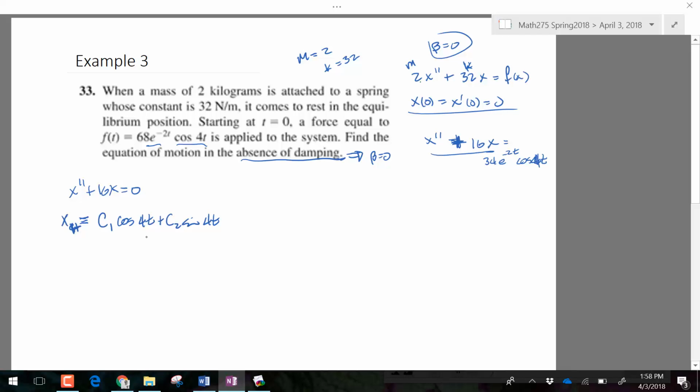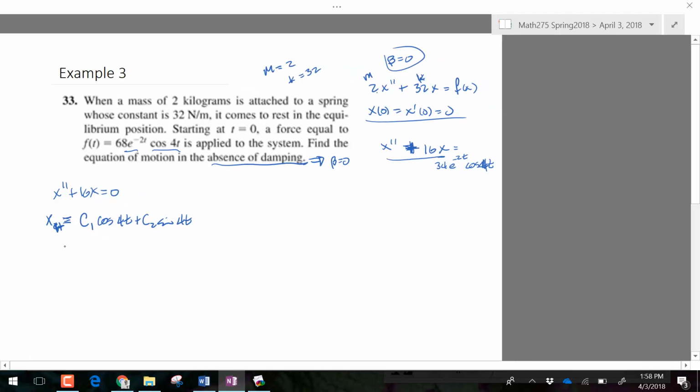If we take the derivative of this, it would be negative 4 C1 sine 4t plus 4 C2 cosine 4t. Then if you put 0 in for them, this is going to be C1, and that's equal to 0.